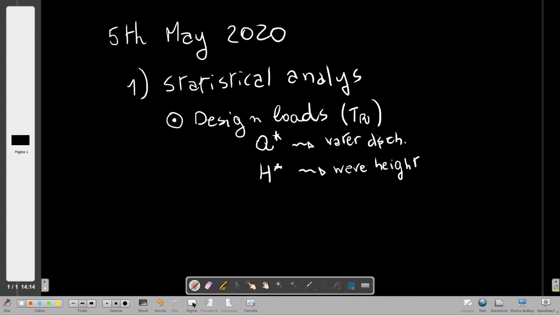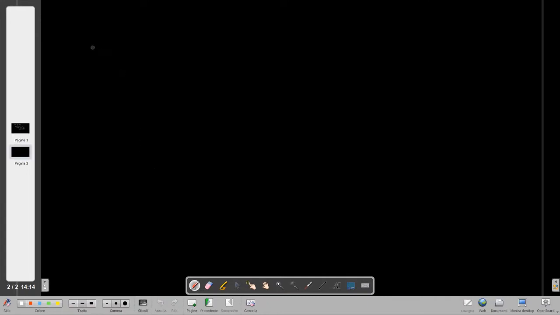Indeed, what we have done, we started from the selection of the return period. This is the first step, depending on the safety related to the kind of hydraulic structure that we are designing. Then we used observations in order to estimate the parameters.